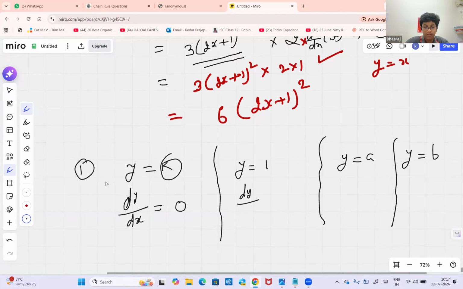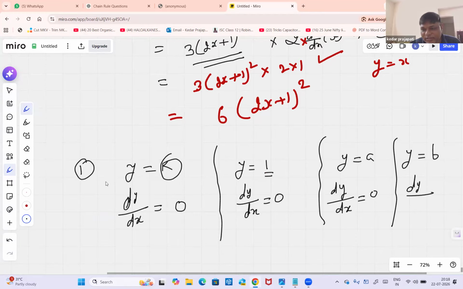So if you are changing x, y won't change. Correct? Because on the right side there is no x. So dy by dx will be 0.